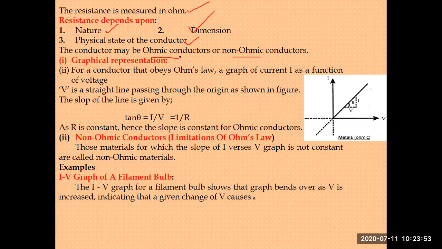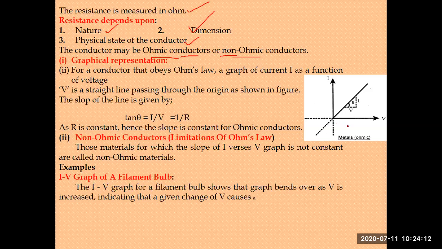Ohmic conductors are those which obey Ohm's law when the current is passing through the conductor. Non-ohmic are the types of conductors which do not obey Ohm's law, and we will see this in detail in the next slides. So here is the graphical presentation.